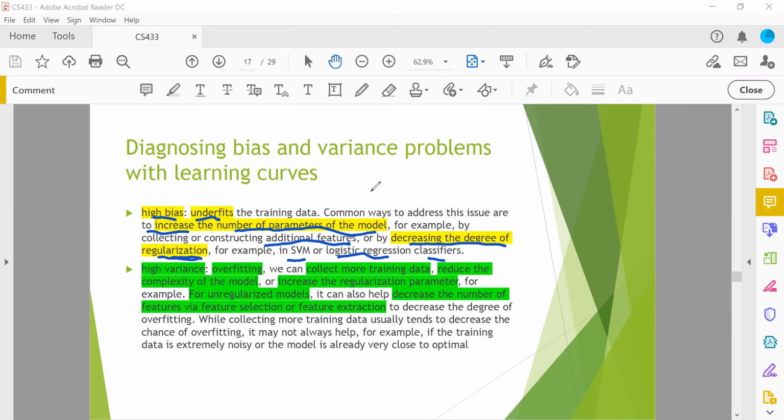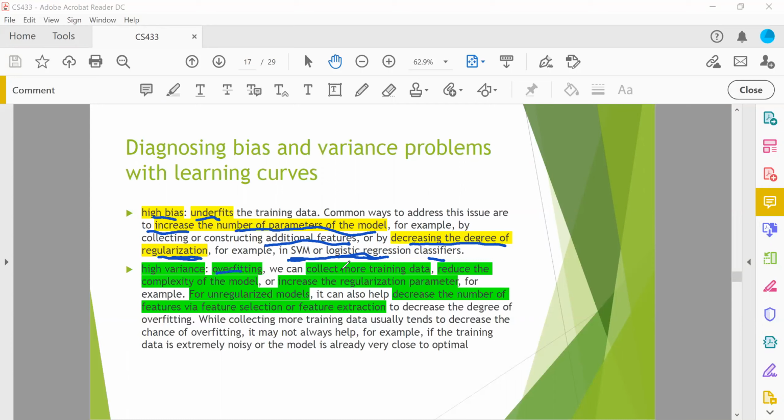Because when you decrease the regularization, it will adjust better for the weights, and that will contribute better to the SVM or logistic regression. So here are basically all of those approaches from the previous chapter, and we just summarize them. And higher variance causes overfit, as we already know.